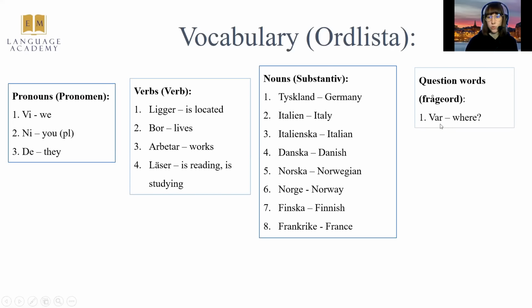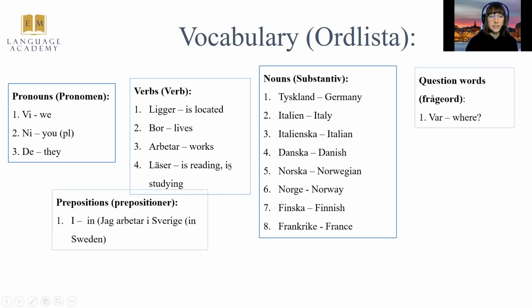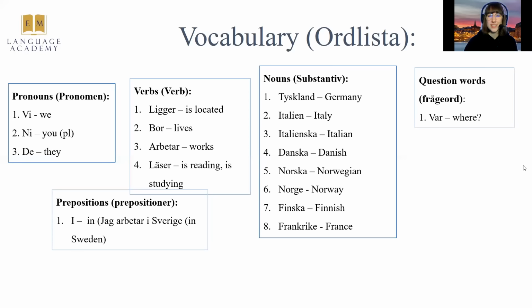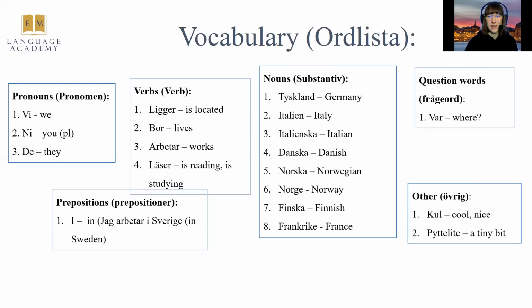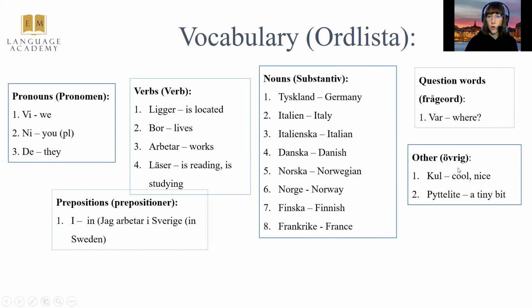And prepositions: i, in. Till exempel, "jag arbetar i Sverige." I work in Sweden. Once again, the preposition i is used with countries, regions, and cities. And we have other, or övrigt: the word kul, how cool, nice, how great, how amazing, and pyttelite, a little bit, a tiny bit.